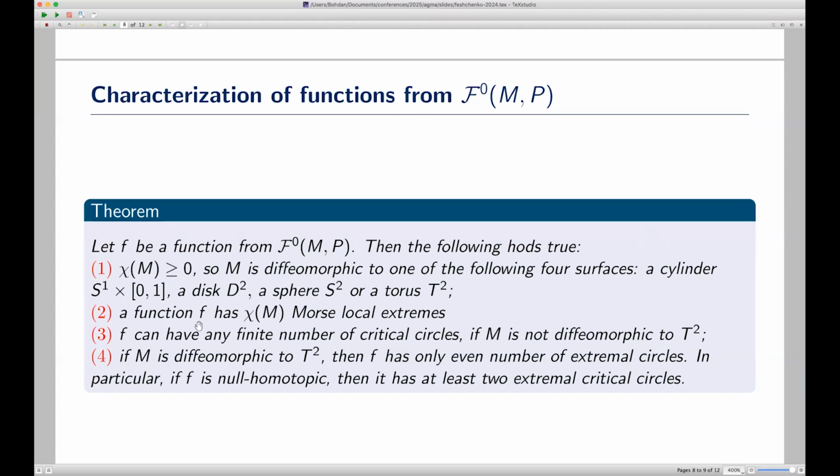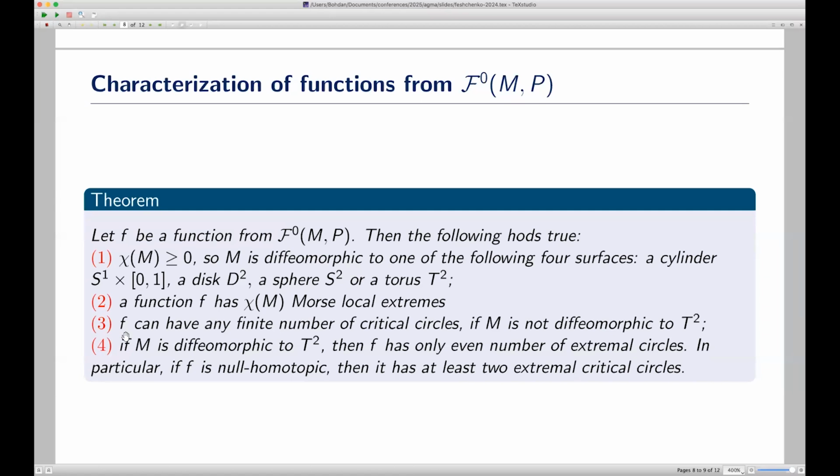The function f has this number of Morse local extremes. The function f can have any finite number of critical cycles if M is not diffeomorphic to a torus, and if M is diffeomorphic to a torus, then f has only an even number of extremal cycles.